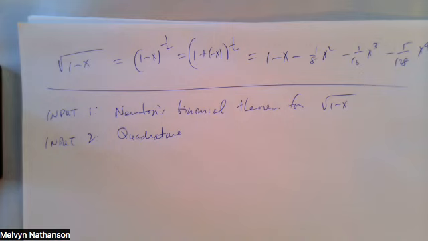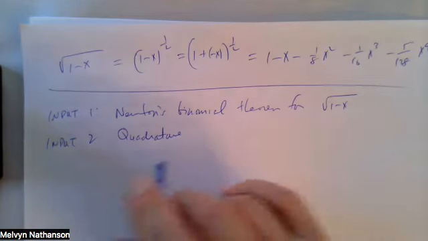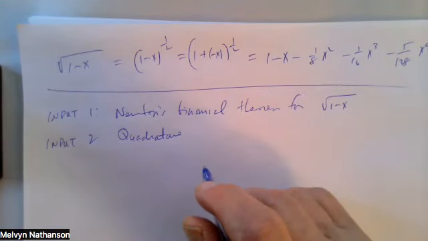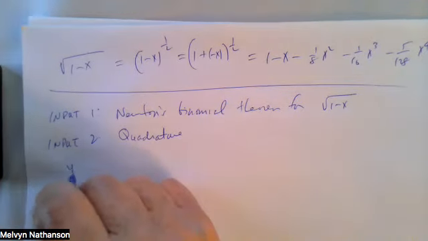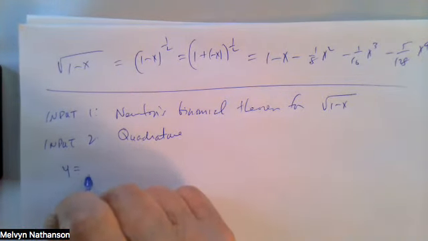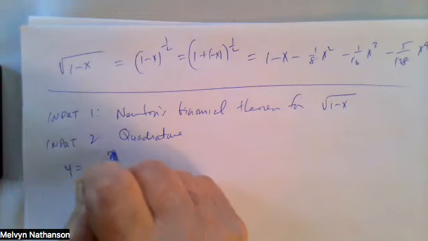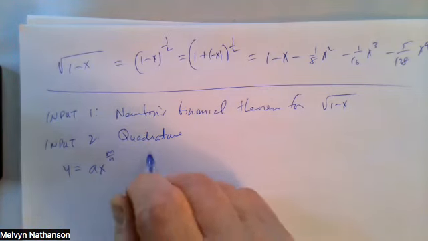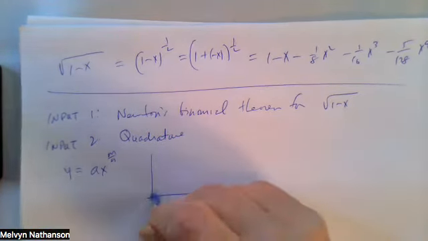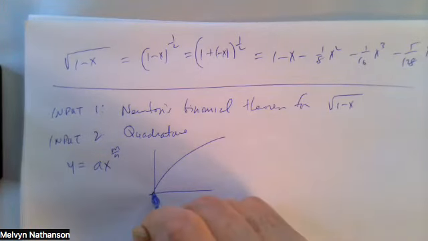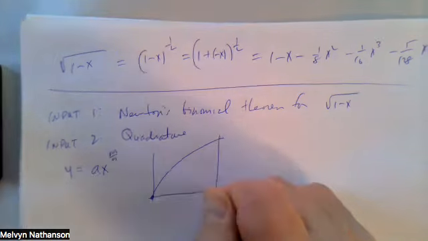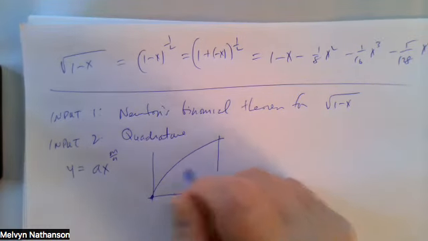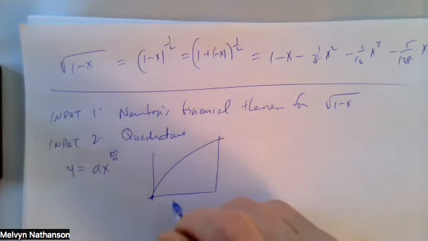Newton moved well beyond that, and he worked out a rule for finding the area if you have the function y equals ax to the m over n. If you graph that, when x is 0, y is 0, and when you get to some point b, this is the graph.